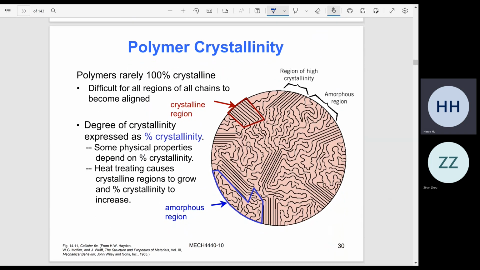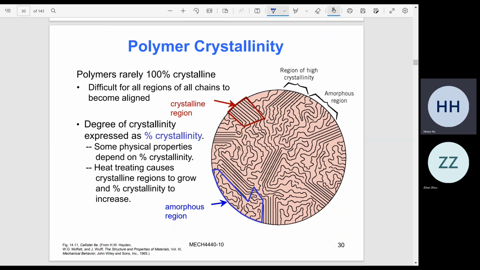To determine how much of the crystalline polymer is involved in the polymer you are using, we use an index called crystallinity. Crystallinity basically tells you what percentage of the crystalline polymer is involved in your polymer.